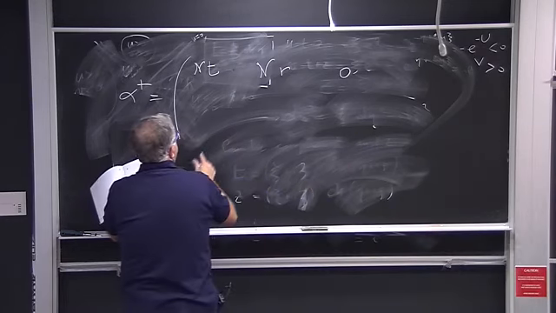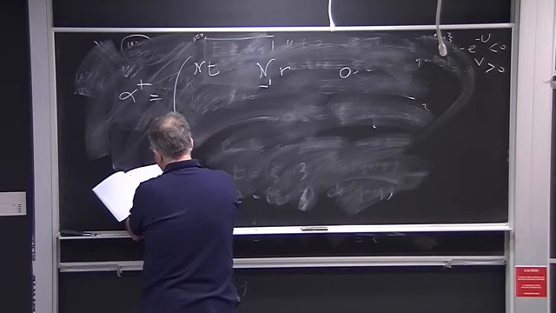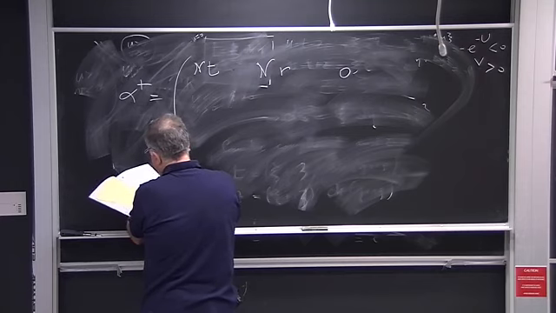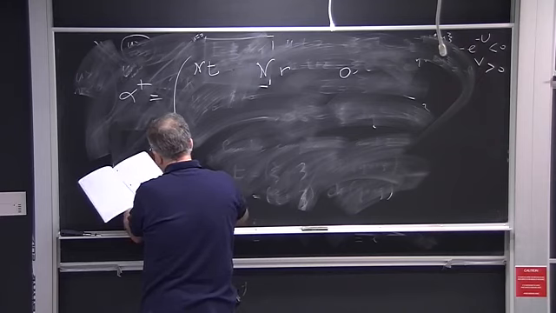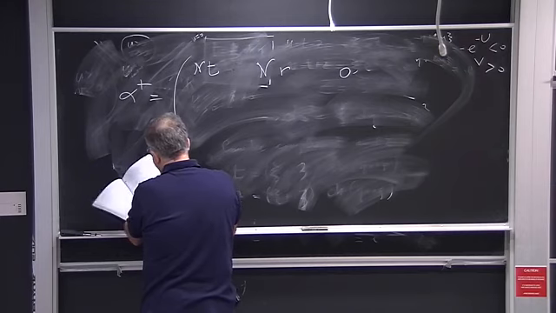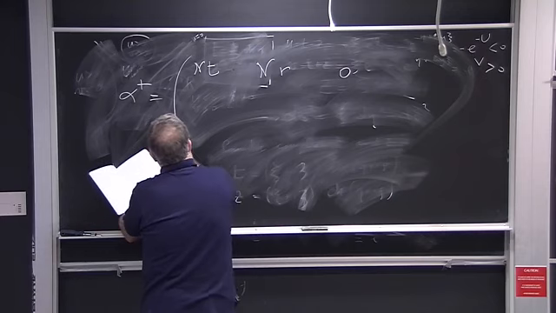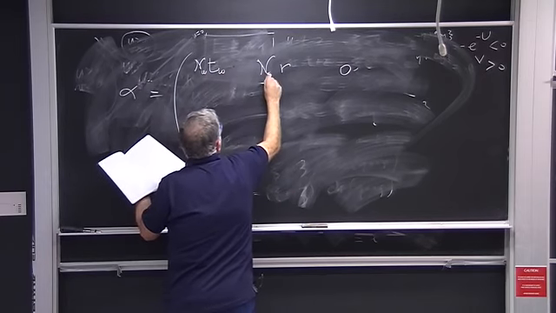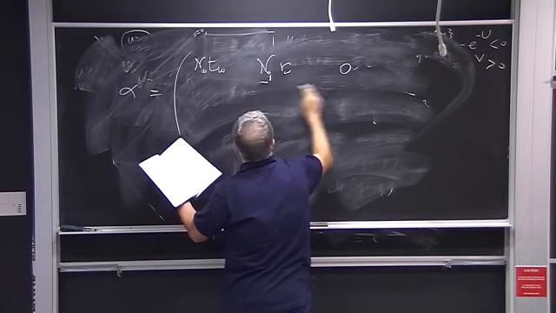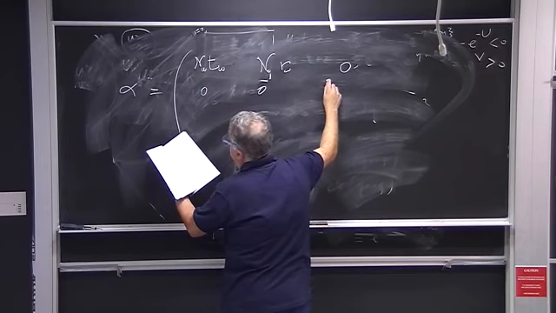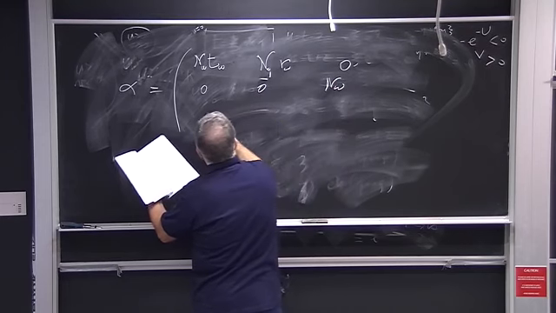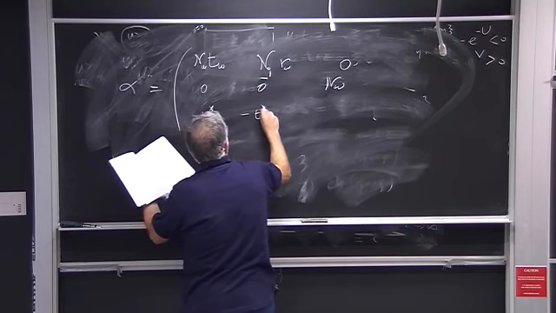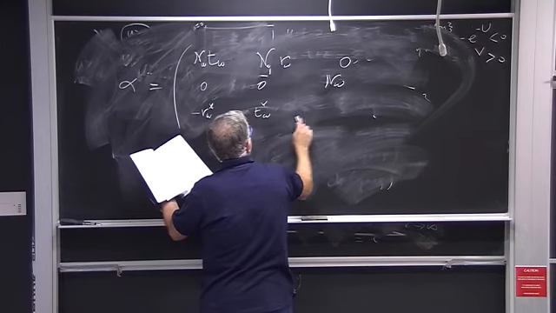Alpha is n, everything depends on omega, as before. 0, 0, 0, n omega, the normalization, minus R star omega, minus T star omega, 0.